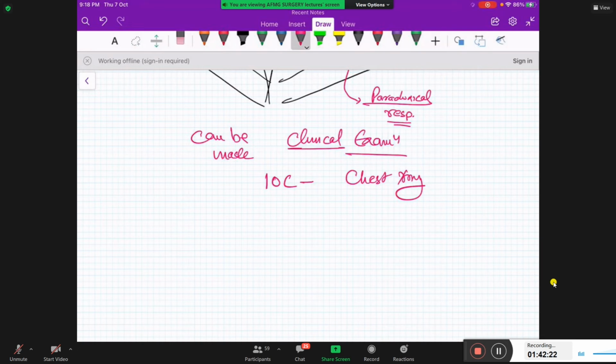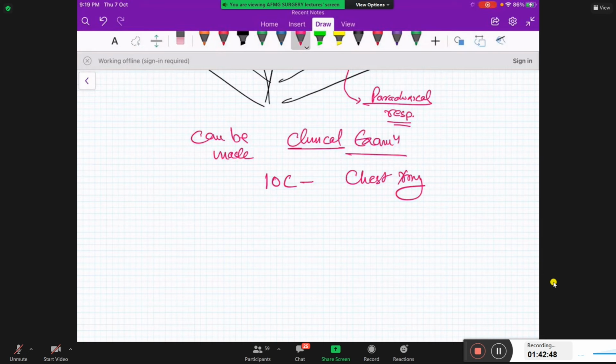Your normal thoracic wall moves like this. When the lung is expanding, the thorax is going up. When the lung is collapsing, the thorax is coming down. So at no point of time is the lung hitting the thorax. But what is happening in flail chest? In inspiration, this flail segment is dipping down.